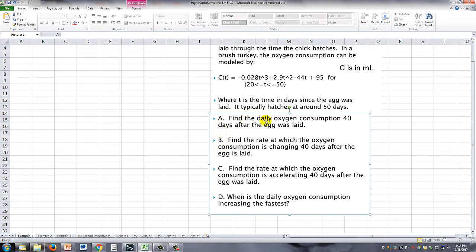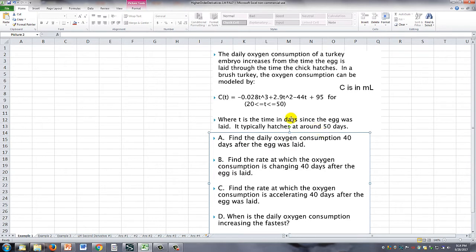Question A says find the daily oxygen consumption 40 days after the egg was laid. Well, that's what this function here will give you. If you know the number of days, then you know the daily oxygen consumption. So A, you have to recognize, is the original function. Then B, find the rate at which the oxygen consumption is changing 40 days after the egg is laid.